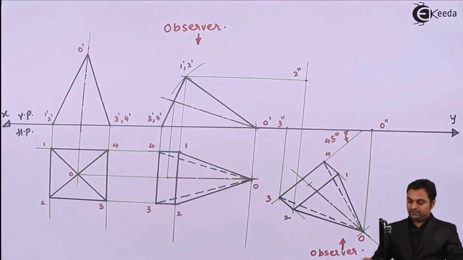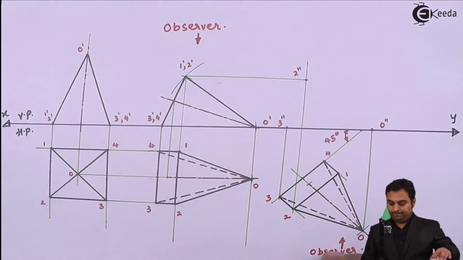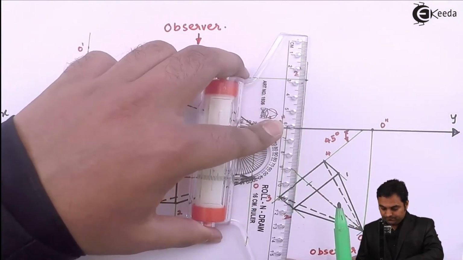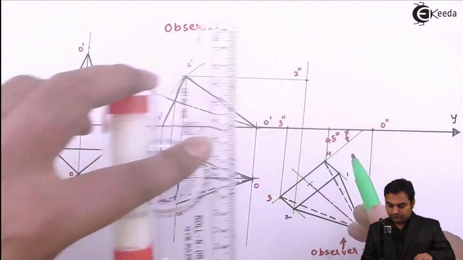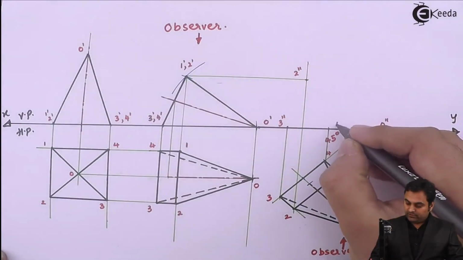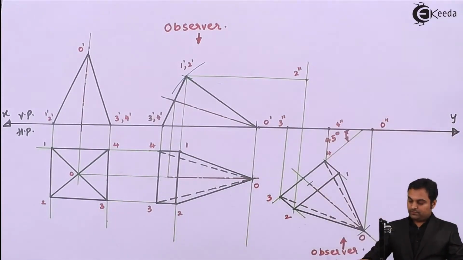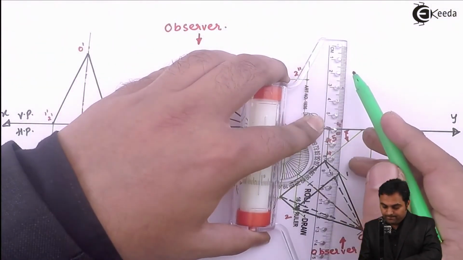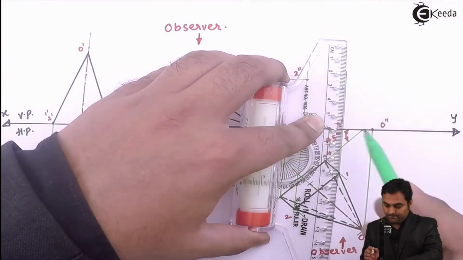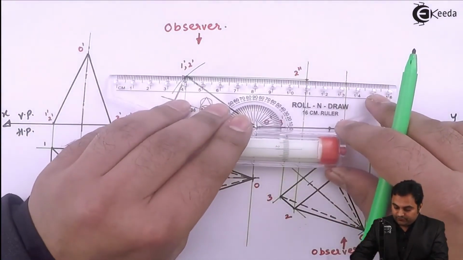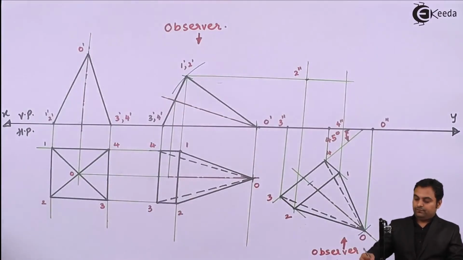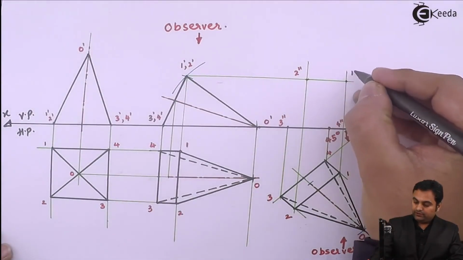Point 3 double dash. Next, point 4 and point 1 are left. Point 4 double dash. Then point 1. And taking point 1 from the front view. That gives me point 1 double dash.